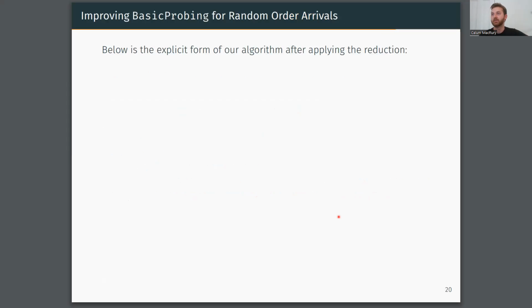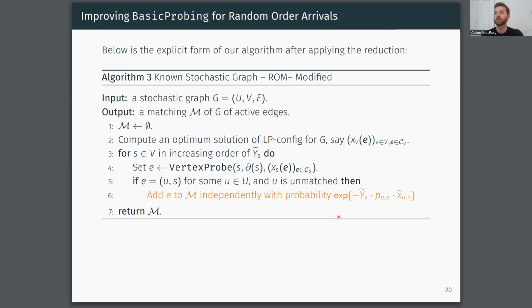And we can actually write an explicit form of our modified algorithm after applying this reduction. So what do things look like? Well, only one line actually changes. We do everything as we did before, except now, once I run vertex probe and recover a particular edge, if the offline vertex is unmatched, then I won't just add the edge unconditionally, I'll add it independently with the probability right here.